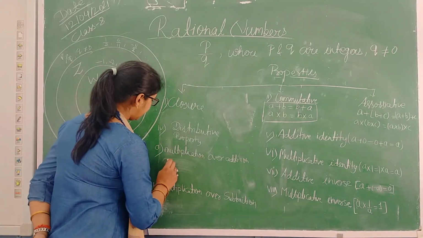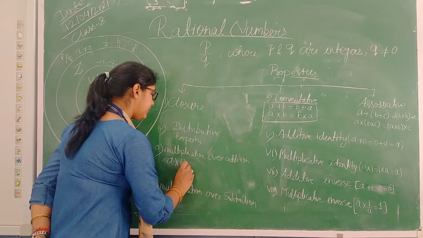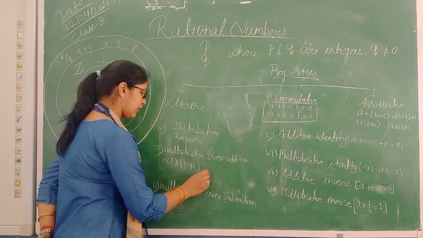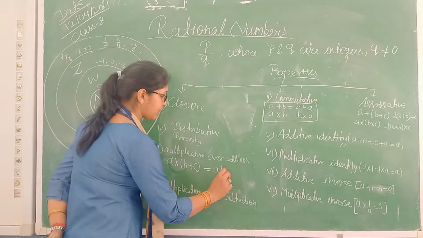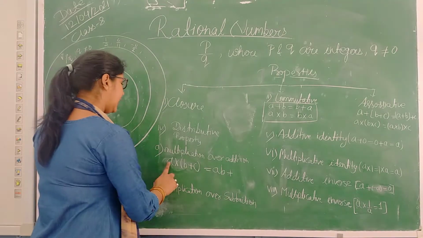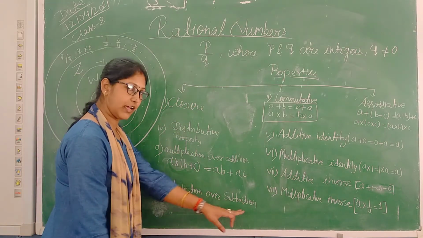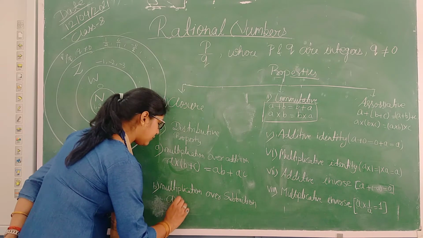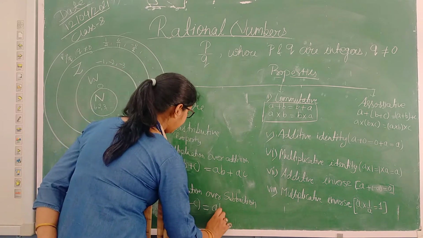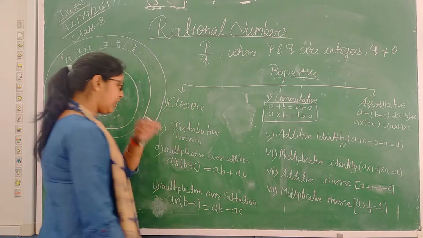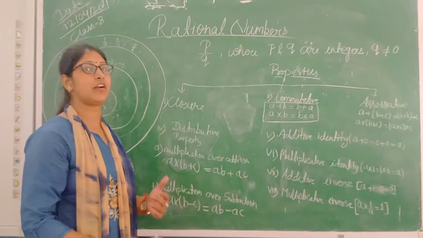Multiplication over addition says that if we have 3 numbers a, b, c, then a into (b plus c) is always equal to a into b plus a into c. Since b and c carry a plus sign, we put plus between ab and ac. Same as multiplication over subtraction: a into (b minus c) is always equal to ab minus ac. All these properties with examples we already understood in our live classes.